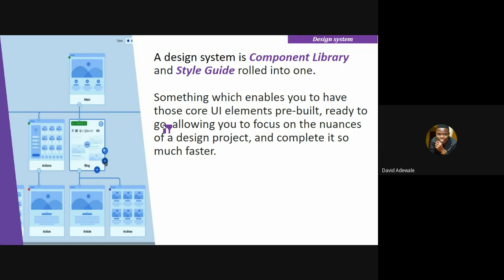Something like a button. You notice that in some applications, the buttons are just uniform. We have primary button, we have secondary button. They've pre-designed it, so whenever they need a button anywhere, they just bring the button and remove the text like update, submit, login, register, and the likes.